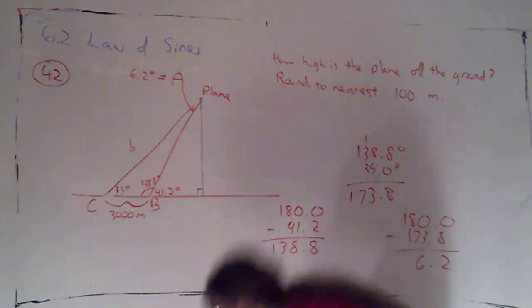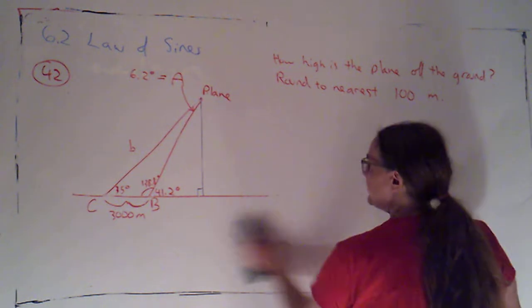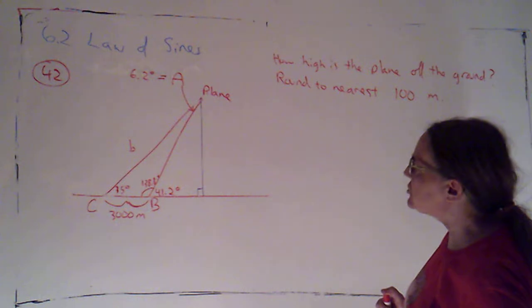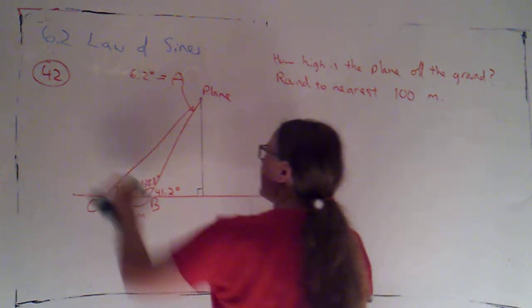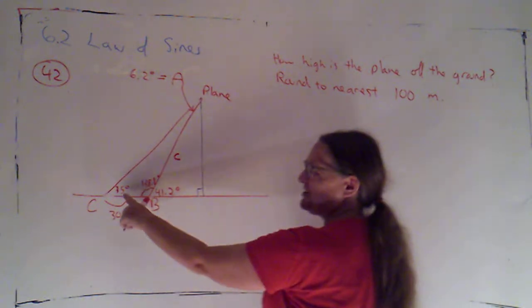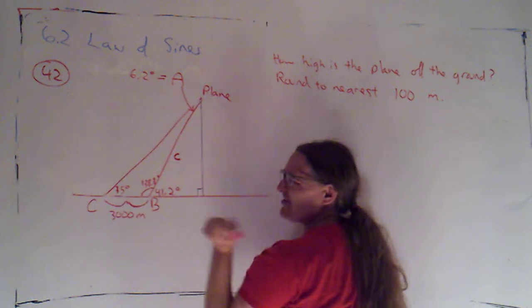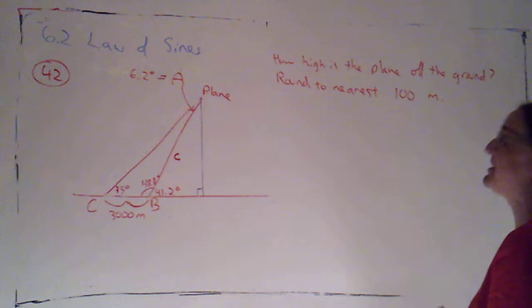All right, excellent. So now I can go ahead and set up my, you know what, I'm going to actually change my mind, and I'm going to solve for side C instead, simply because then I can use 35 degrees, which is a little bit less punching into my calculator than 138.8. It's very silly, but that's what I'm going to go with.